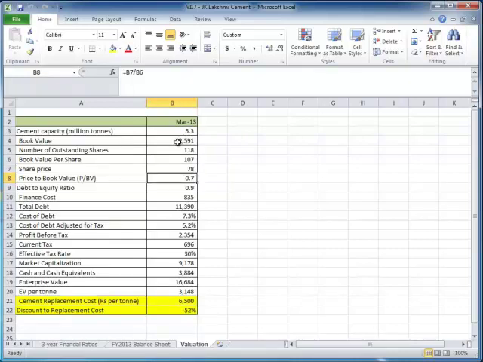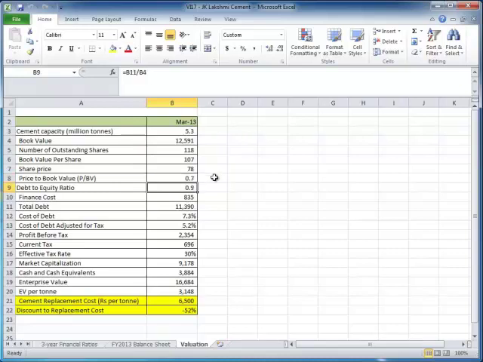So that gives us the price to book value of 0.7, right? So we take the share price divided by the book value per share, and this gives us the price to book value. So the price to book value is 0.7, less than 1, meaning that the company is trading below its book value.